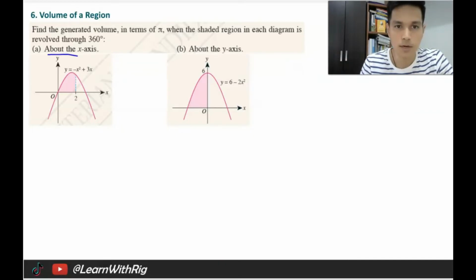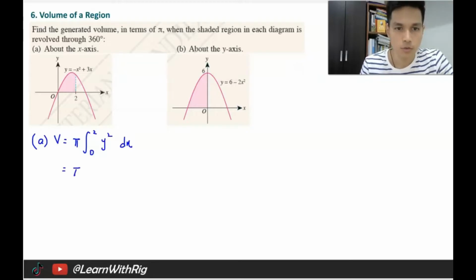Because it's question A about the x-axis, you can straight away use the formula. So the volume would be equal to, don't forget your pi, and then you integrate from 0 to 2. This equation is on the x-axis, so it's going to be dx, and here must be y squared.